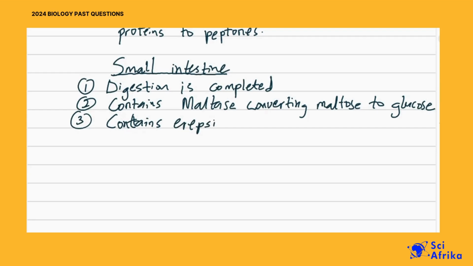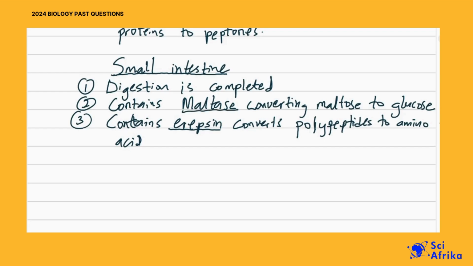The erepsin in the small intestine helps to convert polypeptides to amino acids. Erepsin is an enzyme. Maltase is also an enzyme. Both of them are secreted into the small intestine. They are found in the pancreatic juice, so they enter the small intestine for digestion. So we have the erepsin converting the polypeptides to amino acids.